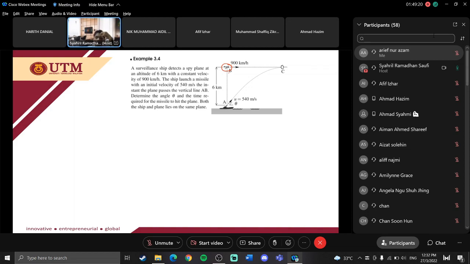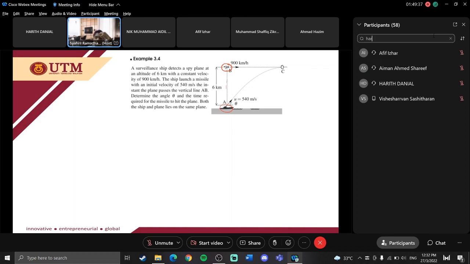The instant the plane passes the vertical line AB, it means that this ship launches the missile at the instant when the plane is at this line AB. When the plane is at this line, then the ship launches the missile.